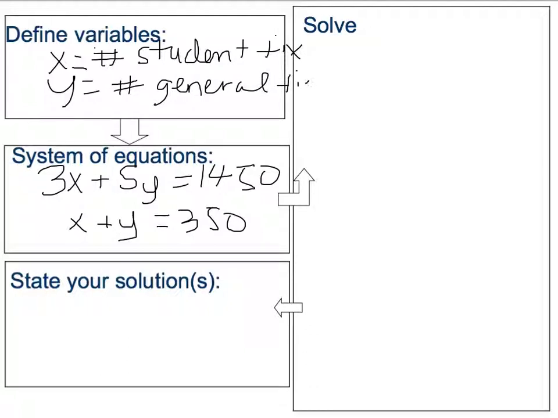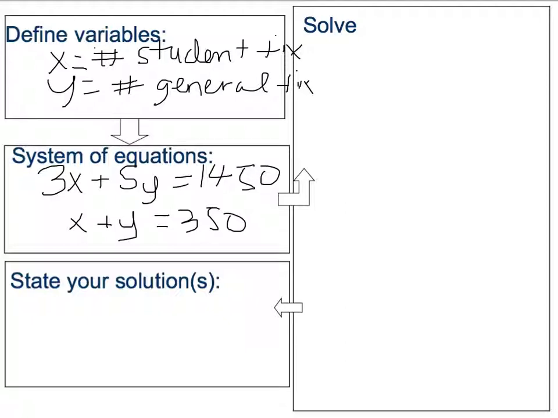Okay, so let's go back and look at our system. So 3x, because it costs $3 for student tickets, plus 5y for general admission, is equal to the total cost of $1,450. Okay, x plus y, the number of student tickets and general admission tickets, is equal to 350. Okay, so now we can go ahead and solve these.